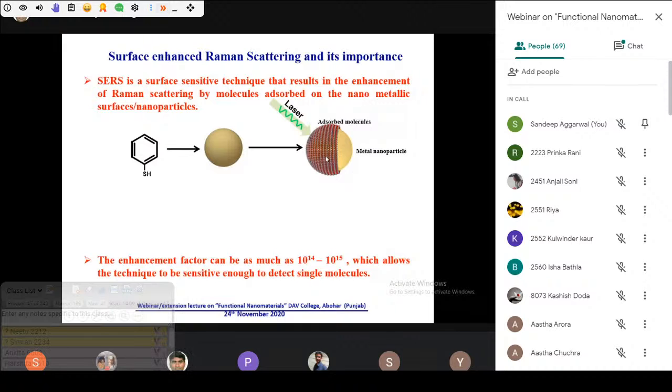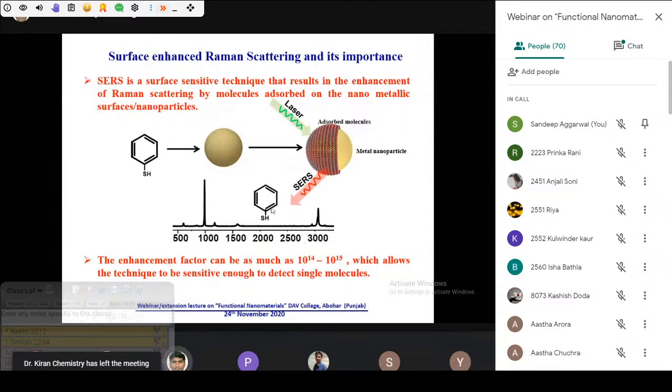This laser can excite those plasmons, means the free electrons on the surface. It excites the electrons, and because of that, the electromagnetic field is enhanced on the surface, and because of that, the Raman scattering is enhanced.